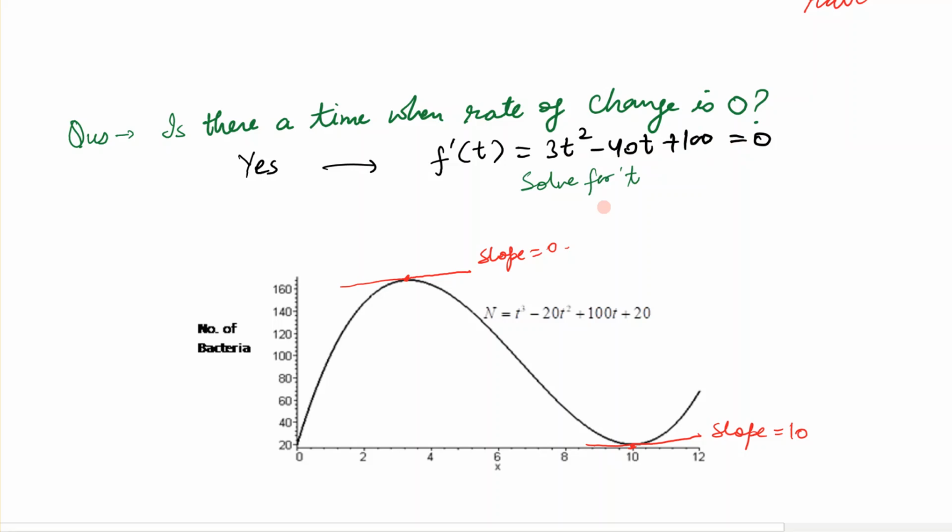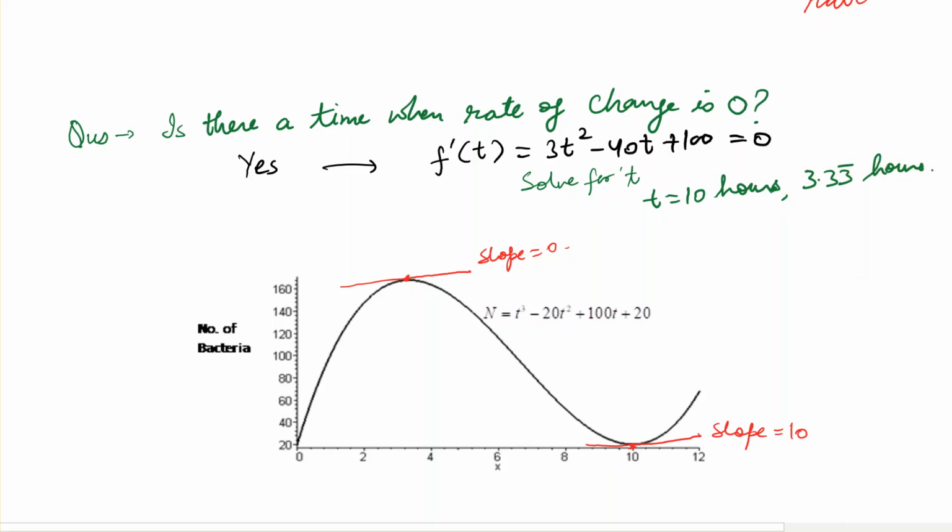When we solve it for t, we find using the calculator that the slope is 0 when t is 10 hours or t is 3.33, so 3.333 repeating, hours.